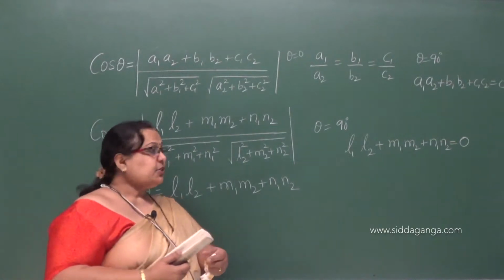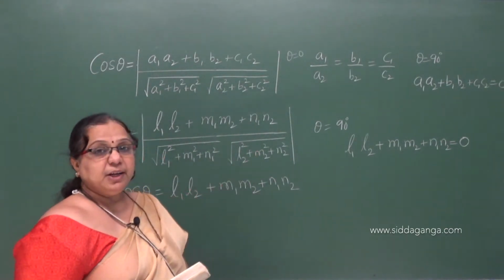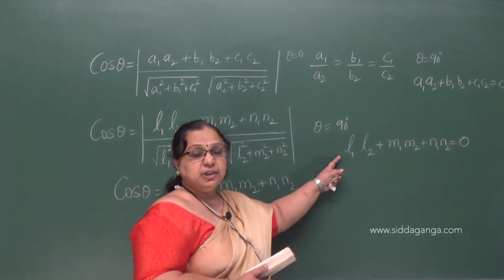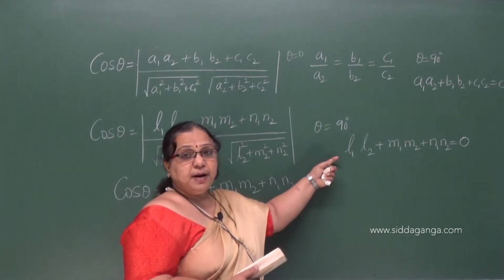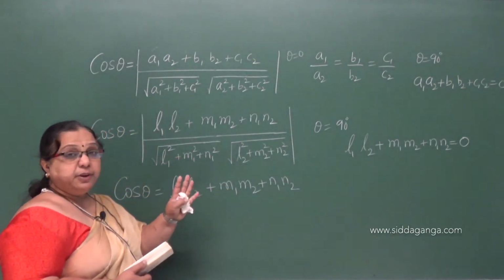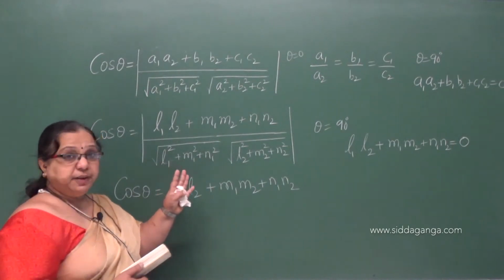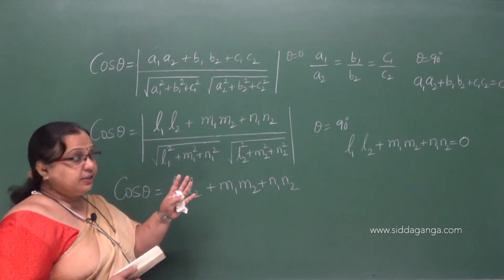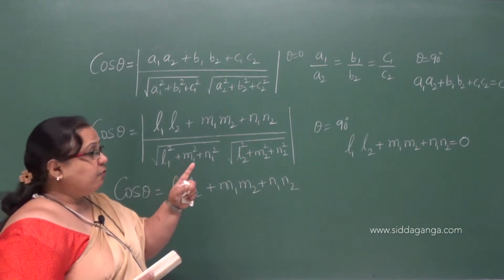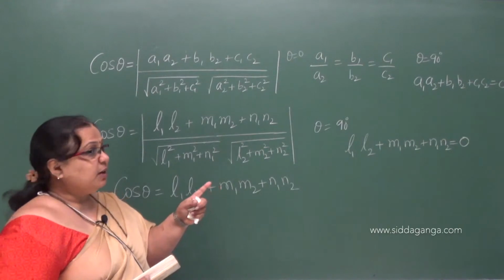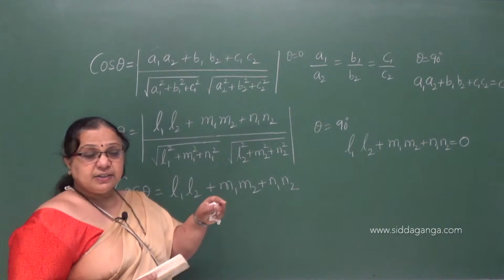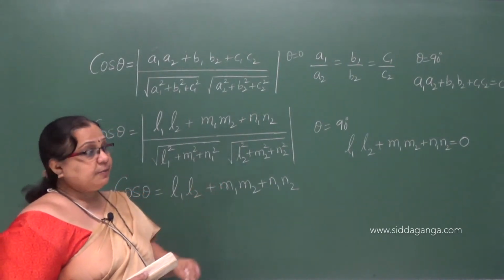So next, that is for the perpendicular condition. Maximum we use this condition while solving the competitive problems. So now we have derived this angle between the two lines as well as the condition for the lines to be parallel and for the lines to be perpendicular, in terms of the direction ratios as well as the direction cosines.